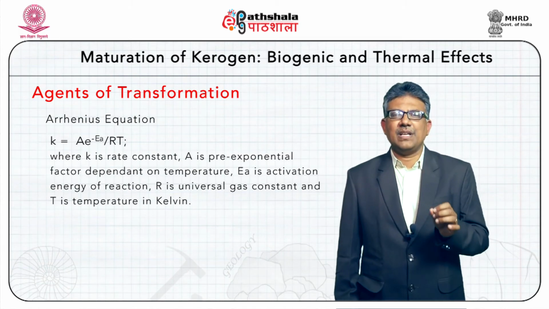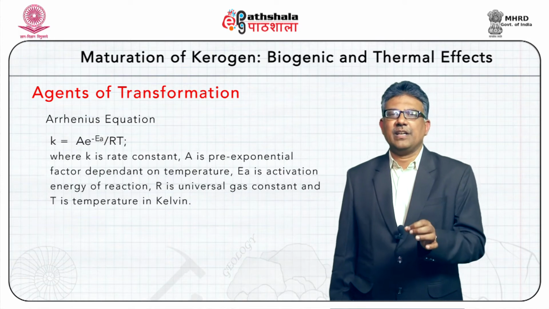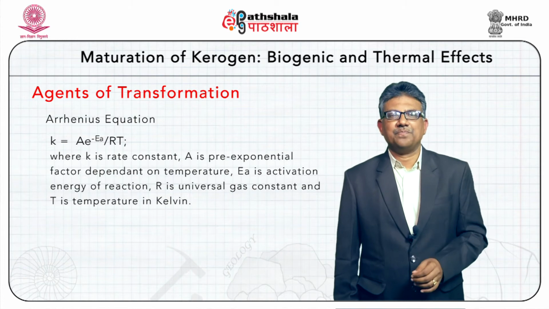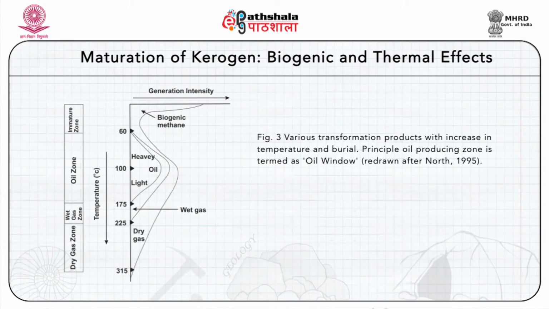Now, petroleum is generated when kerogen is subjected to the increased temperatures that accompany sediment burial. In this diagram, it is shown that the increase of temperature with respect to depth and the generation of hydrocarbon is divided into 4 different zones: the bacterial zone, then the oil zone, then the wet gas zone, and then the dry gas zone.